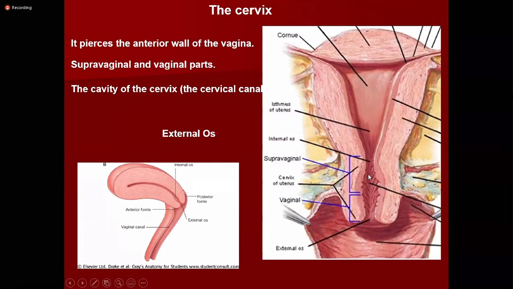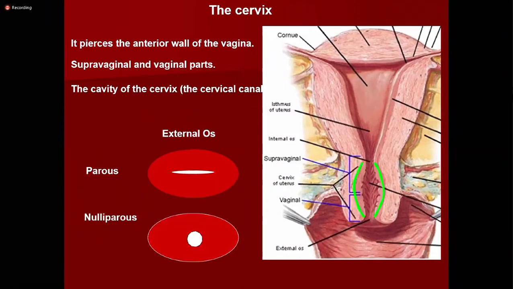So this is the internal os. Os is an opening, and this is the external os. Actually, this is the opening that you can see when you examine a female. You just use a speculum that will open up the vagina, and you can see the lips of the external os. And by looking at that, we can know if this is a parous or nulliparous female.